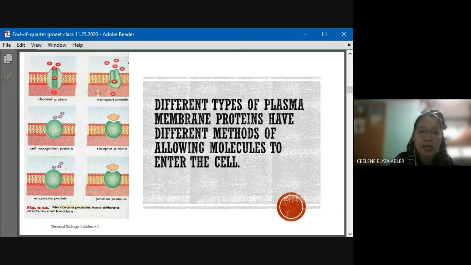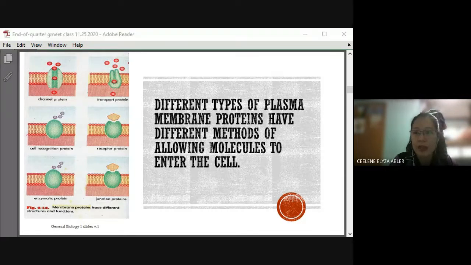Mostly, the ones that use energy are the transport proteins. Transport proteins are normally carrier proteins. That's another term for them. When you say transport or carrier, they carry substances from one side of the cell, like the extracellular space, into the intracellular space.